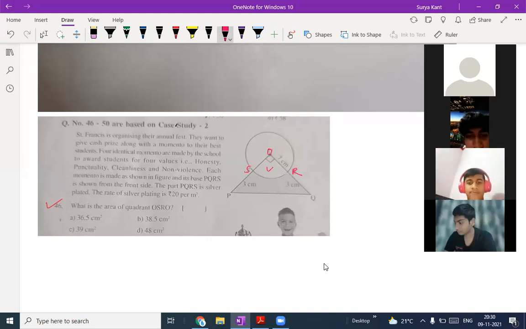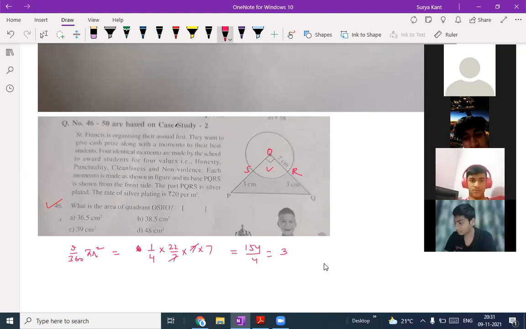What is the area of the sector? Sir, it would come 38.5 cm squared. So theta by 360 into pi r squared. So 90 by 360 means 1 by 4 into 22 by 7 into radius 7 into 7. Cancel this. 22 into 7 is 154 by 4.